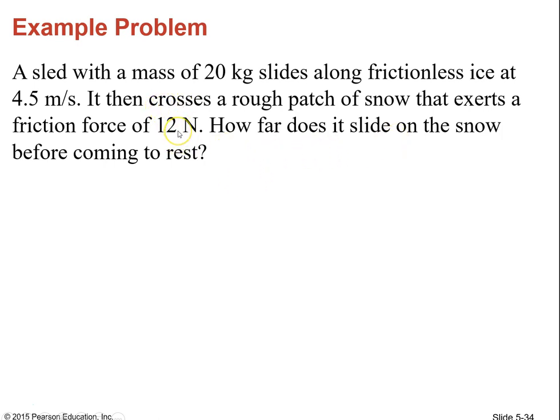That's your net horizontal force. So 12 newtons divided by your 20 kilogram mass will get you your acceleration. And then you can use the kinematics equation with acceleration. You have an initial speed, your final speed is 0. You can figure out the distance traveled.